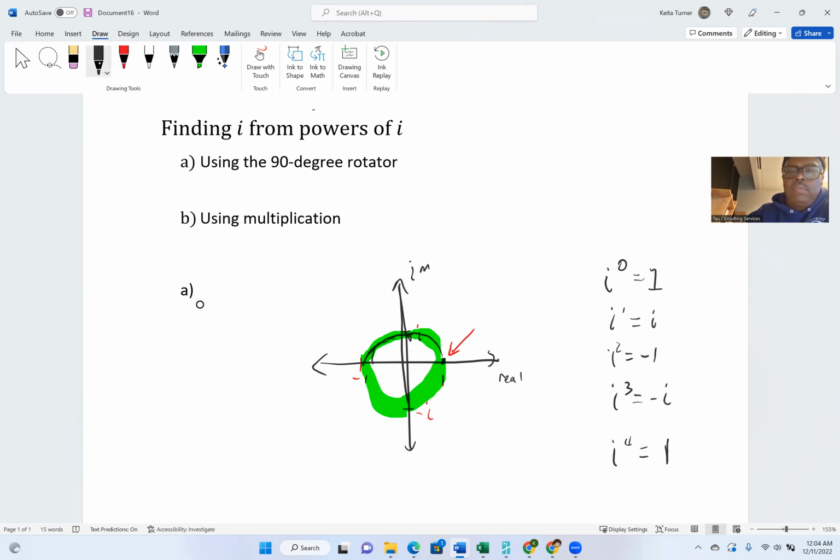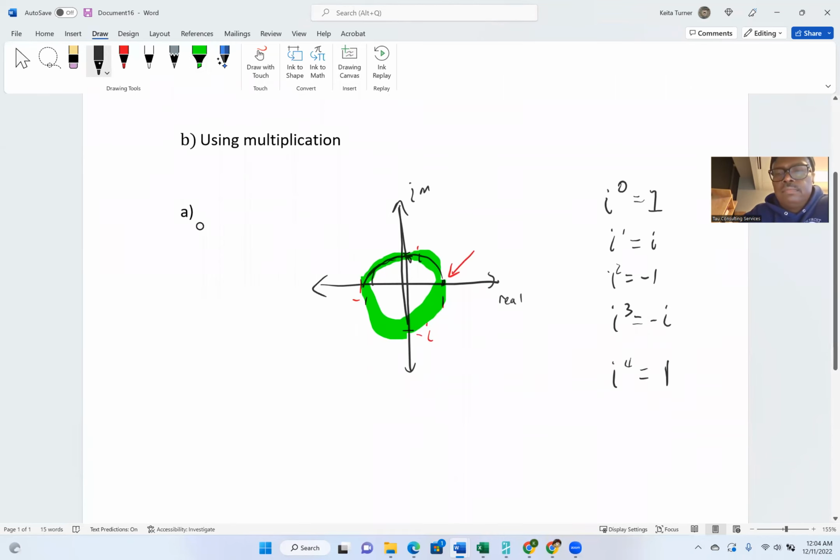So that's it, the rotator. If we see anything like this, we break it down to 4, 3, 2, or 1. Of course, I to the 4 and I to the 0 are the same thing, but we understand why we start right here.